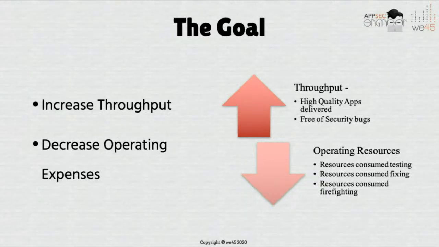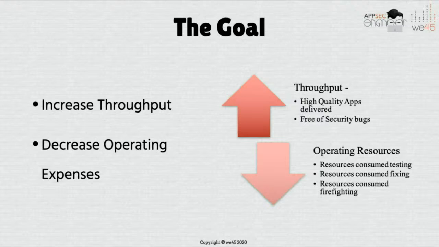And since security is going to be a continuous process, and since it is going to be running continuously, some of your security issues are not going to pop up all that much anymore, because you are constantly looking for it. At the same time, there is going to be a huge decrease in operating resources because, again, our goal is to automate as much of this as possible, right?